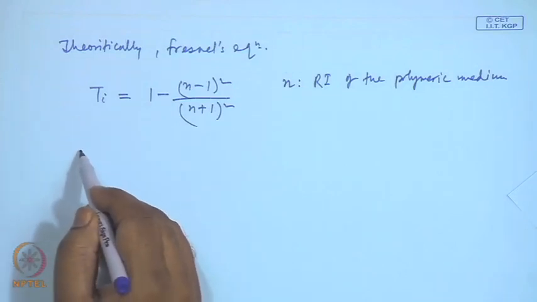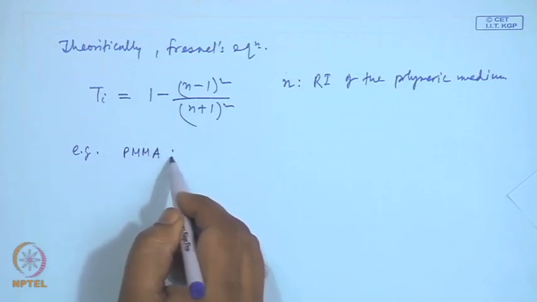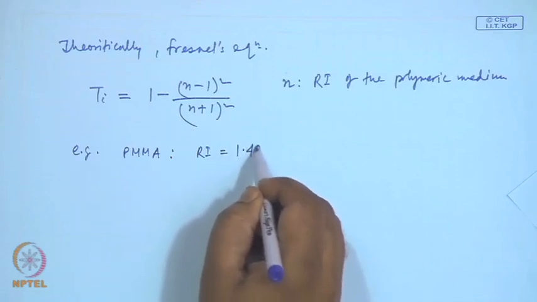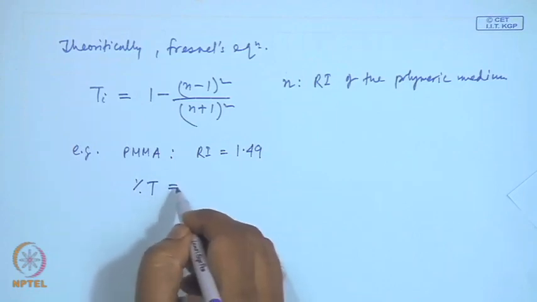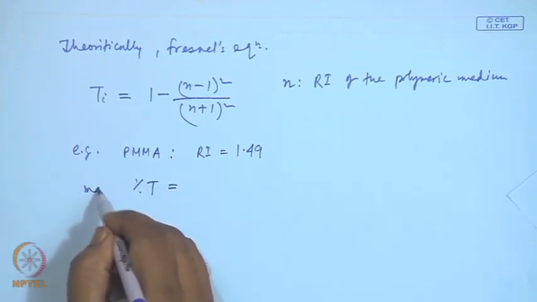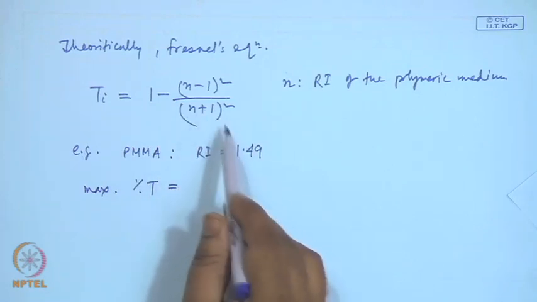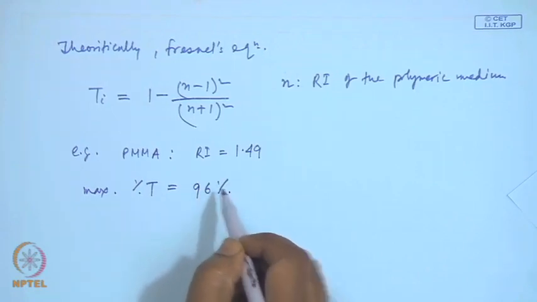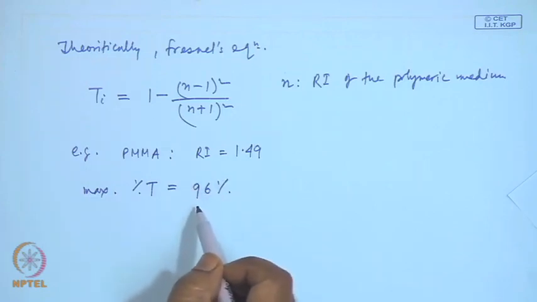For example, take the case of PMMA, polymethyl methacrylate, which has a refractive index of 1.49. The maximum percentage T of a PMMA, if you put this value here, comes around 96%. So, this is the maximum transparency you can get out of a PMMA material.